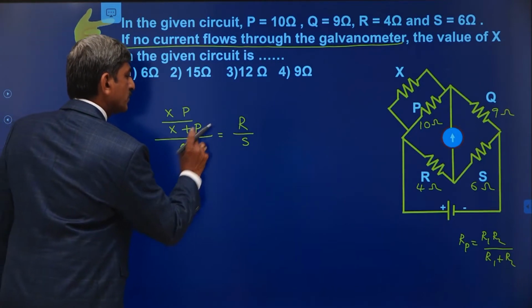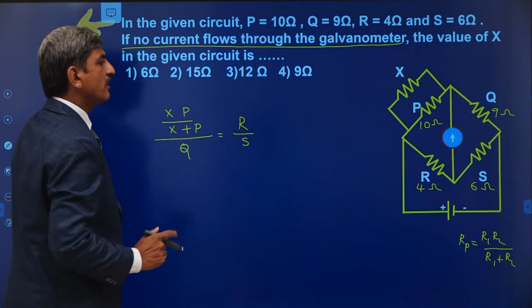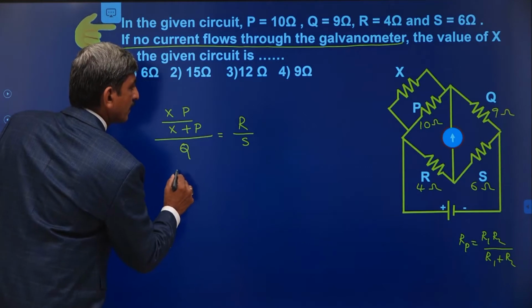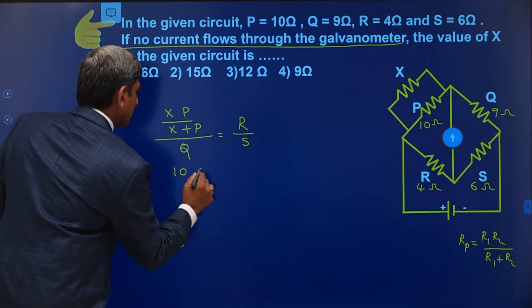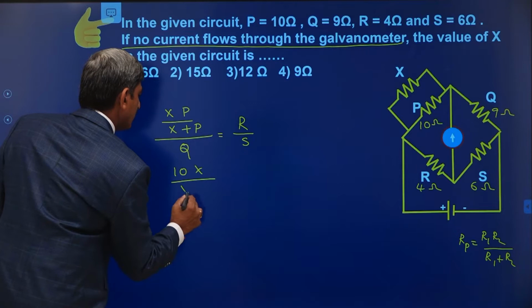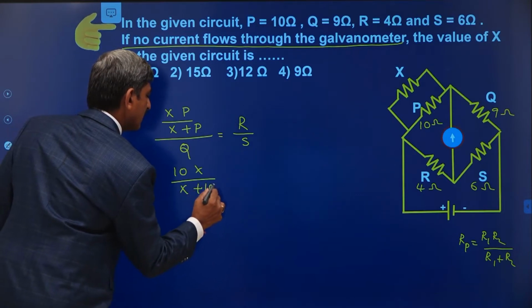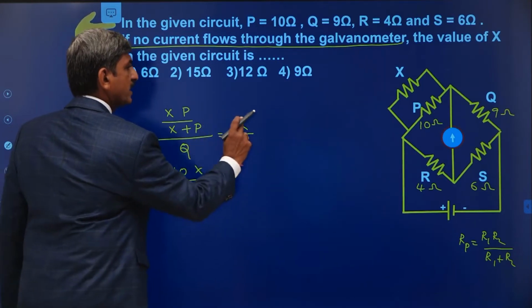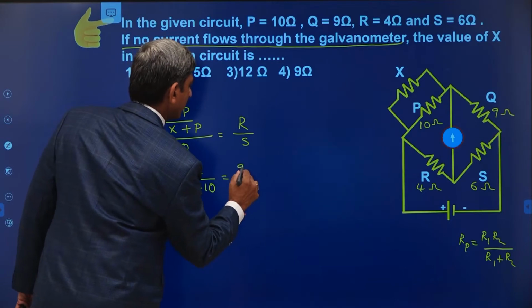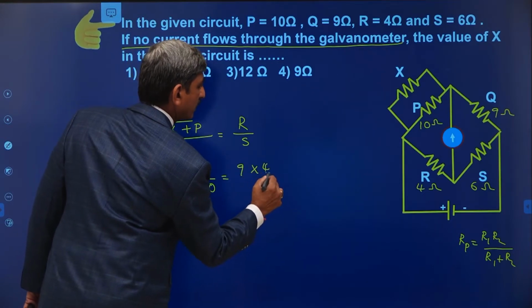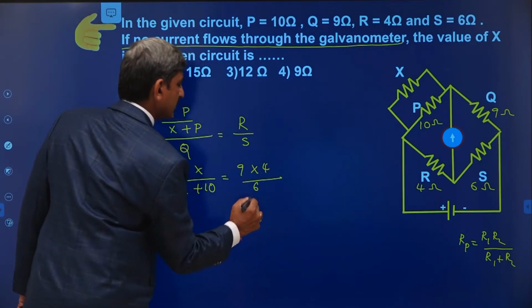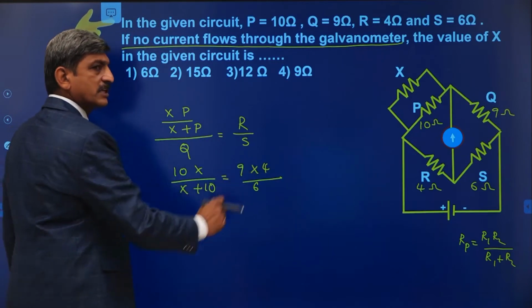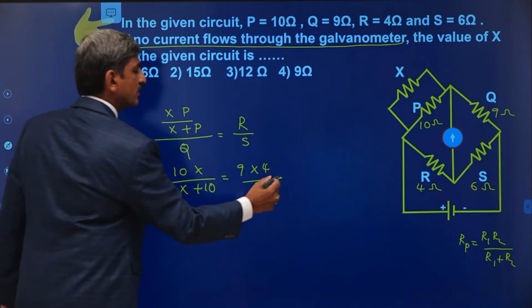By taking this Q to that side and substituting the values, we have 10x divided by x plus 10 is equal to 9 into 4 divided by 6. So 9 4s are 36. 36 by 6 is equal to 6.